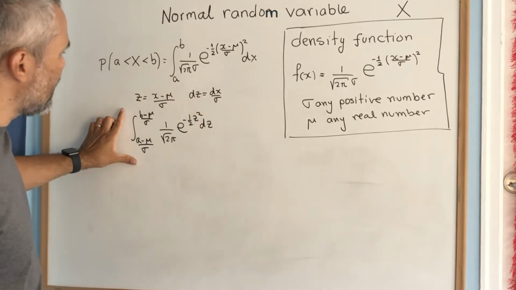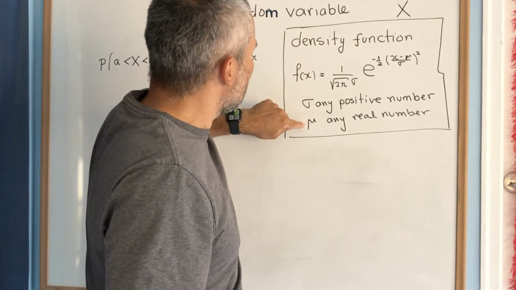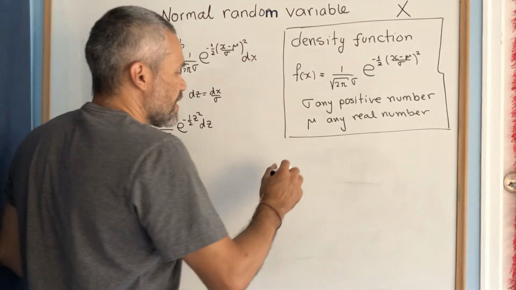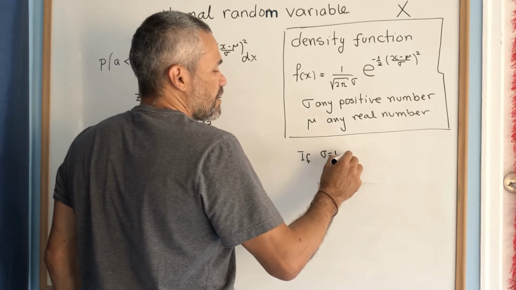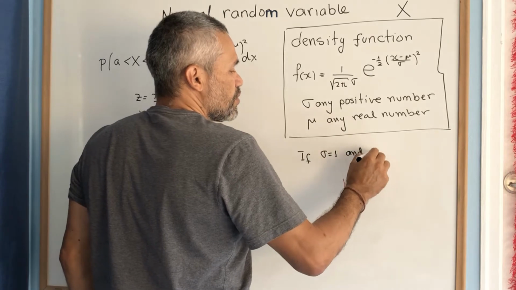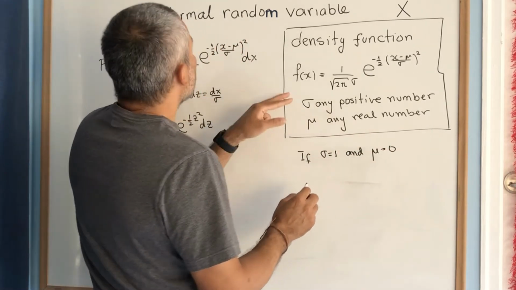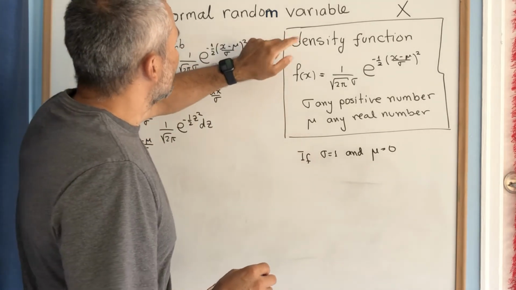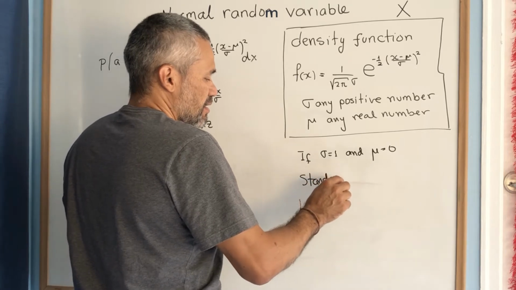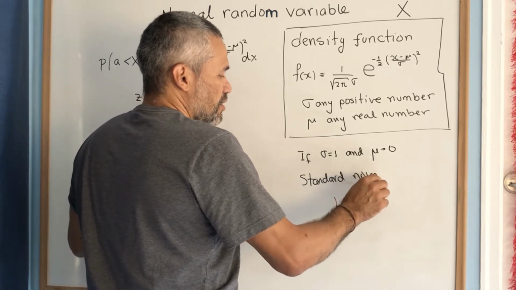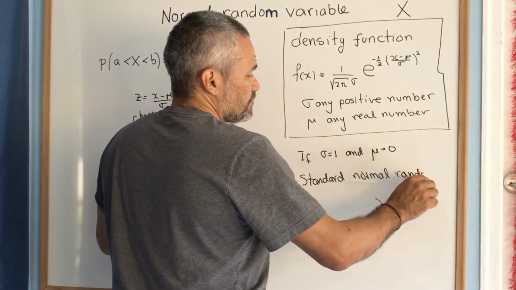And here is the main observation. Notice that this X depends on the parameters mu and sigma. But what happens if we have sigma equal to 1 and mu equal to 0? Then we get one particular normal random variable, which is called the standard normal random variable.